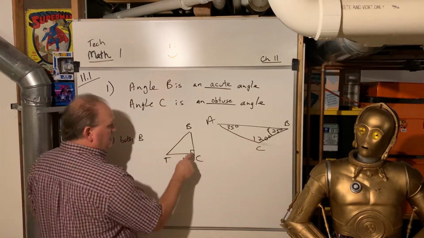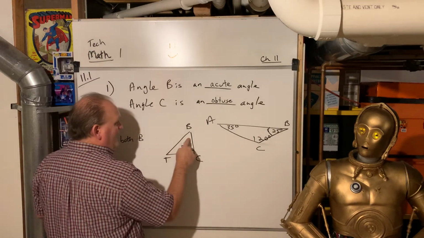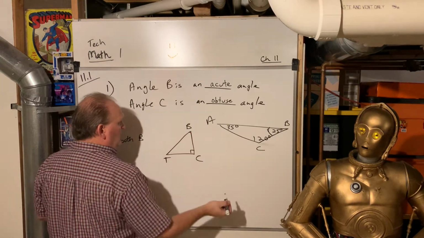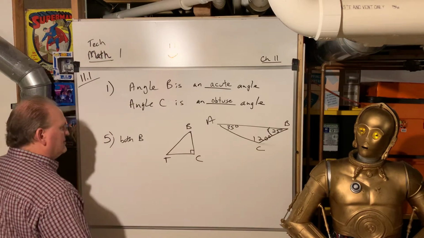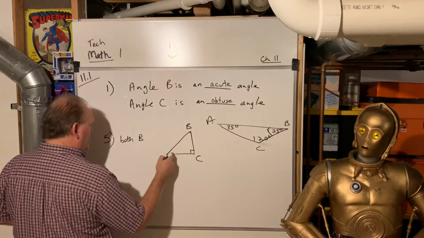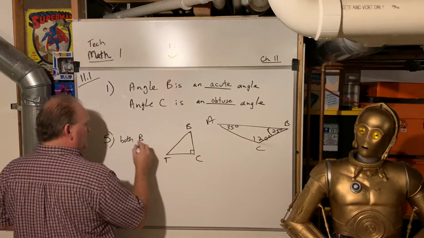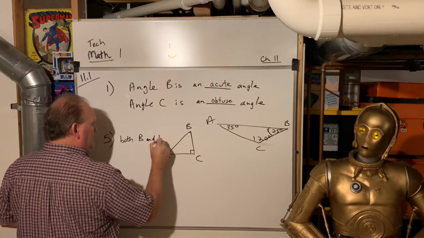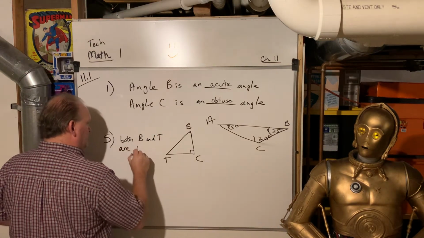So if we have 90 degrees here, and those two have to add up to 90, well then each one has to be less than 90 degrees. So by definition, if they're both less than 90 degrees, they're both acute. So both B and T are acute.